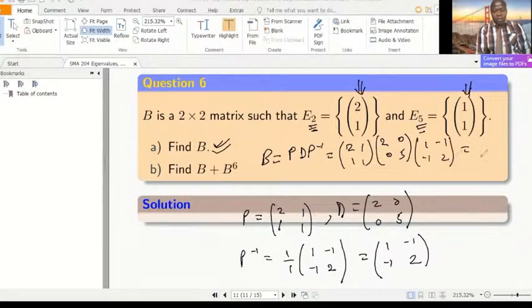When you multiply that, I was getting [negative 1, 6; negative 3, 8].